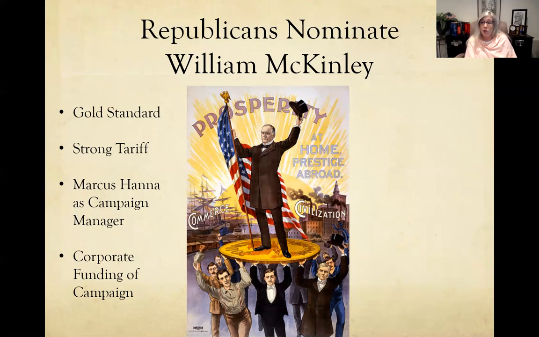He wants a very strong tariff, which is going to tax imported products, protecting American businesses. And he's going to be financed largely by big corporations, just dumping ridiculous amounts of money into his campaign. And his campaign manager is this guy, Marcus Hanna. So he's going to be the one going around and really drumming up support among these business owners.